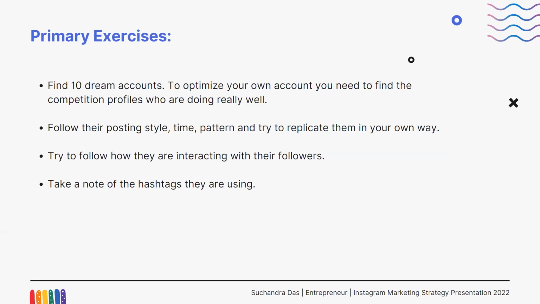I'm sure that you have come across certain Instagram profiles where if you go to their profile, you will see there is a nice pattern that they are following. Suppose I'll try to show you if I can find that slide. There are three blocks in Instagram. If you go to any Instagram profile, you will see there are 3 blocks, like 1, 2, 3, then 1, 2, 3.